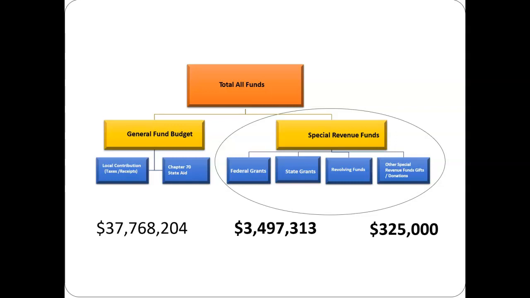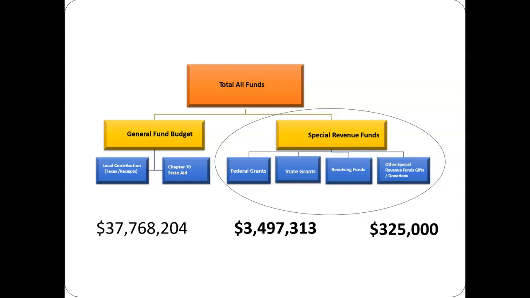The revenue generating the local appropriation is property taxes, local receipts, different permits, licensing and fees, as well as local and state aid, the Chapter 70 educational state aid formula, and unrestricted local government aid. Those are the majority of the revenue sources that help support what the town votes annually at town meeting, and that's the general fund budget.